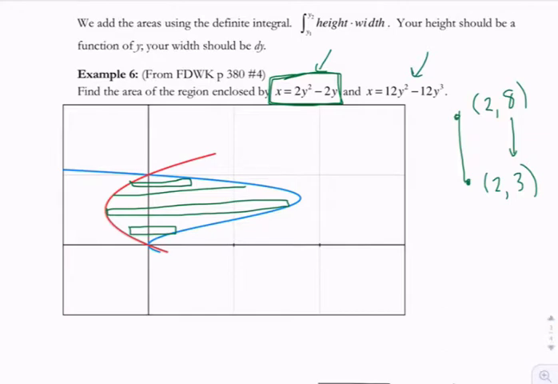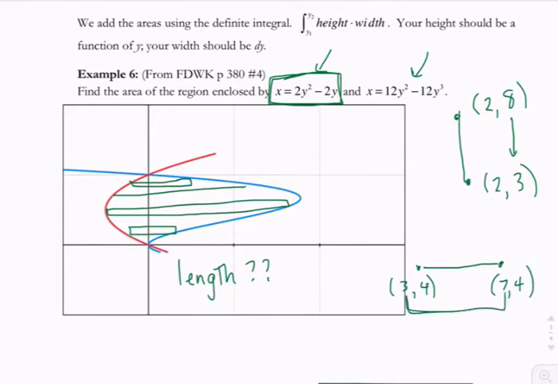So in this case, the length is not top minus bottom. I have to figure out what the length is. So if you have a horizontal line segment, let's say going from the point, I don't know, 3, 4 to the point 7, 4, I need to look at my x coordinates.